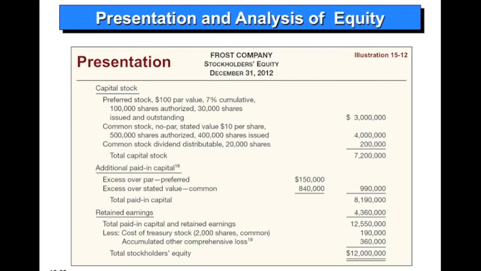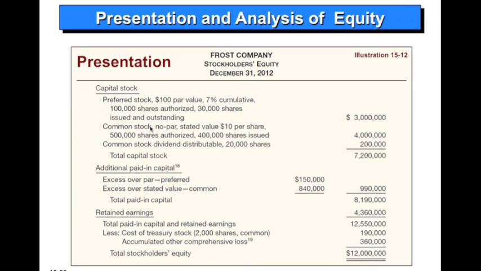And then there's a piece regarding presentation also, where we're looking now at the entire equity chart of a company. And I want to go through this. You look at the capital stock. In here we have preferred stock. We have the par, the 7%.